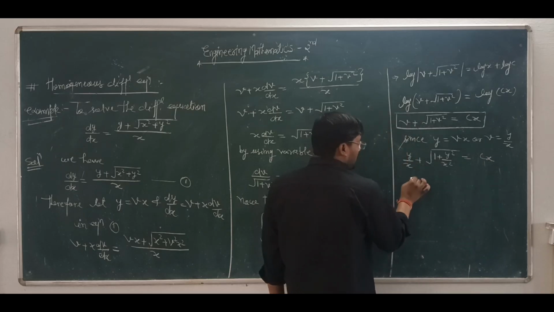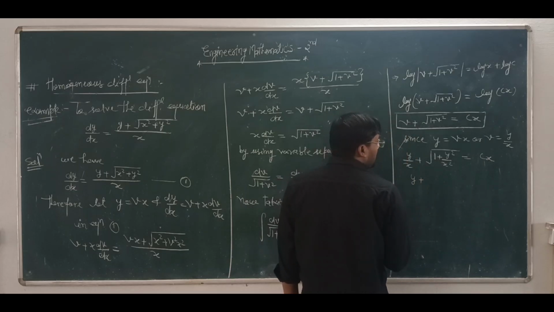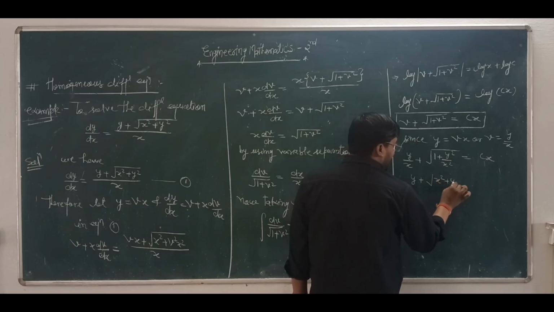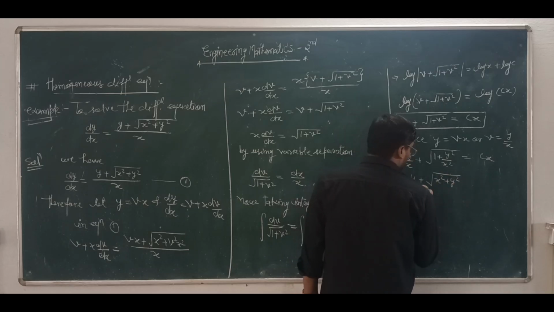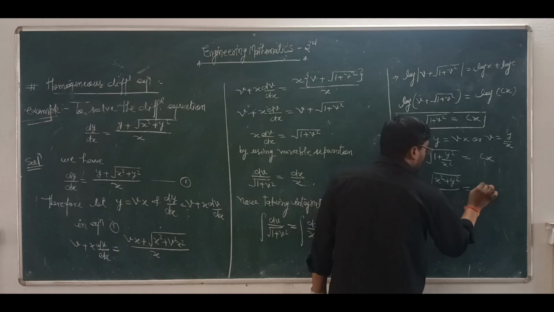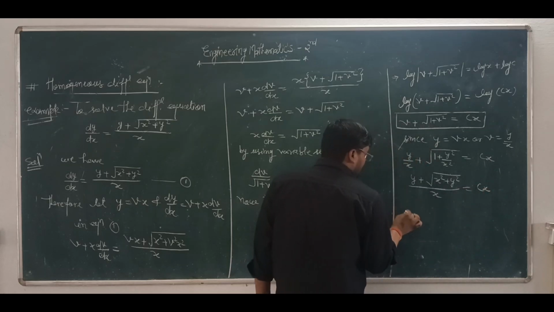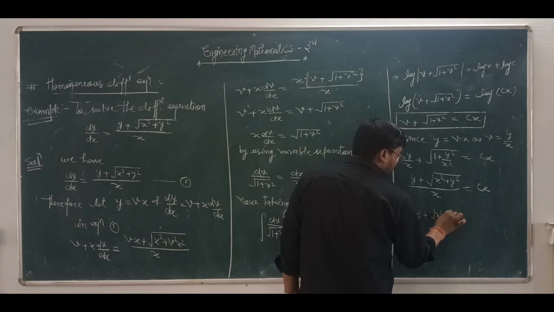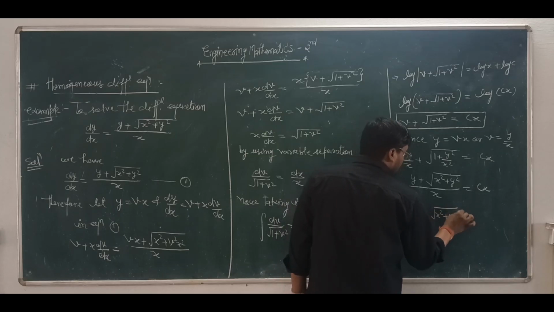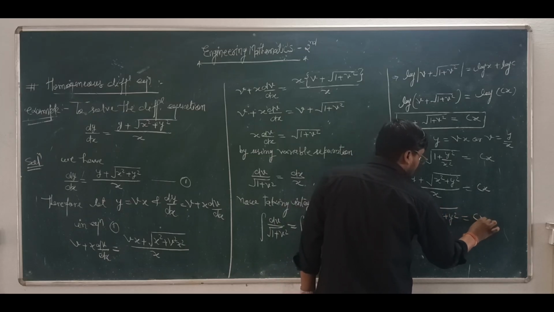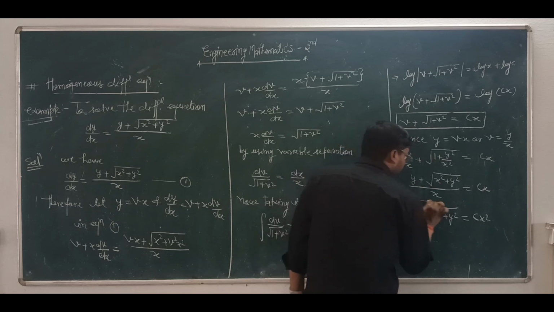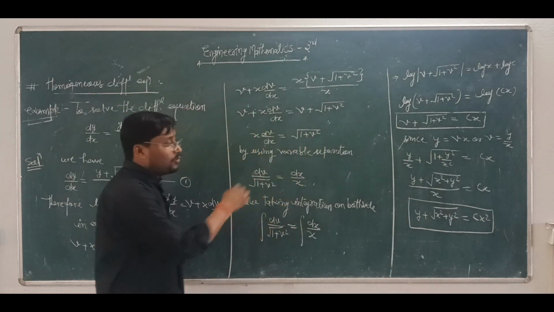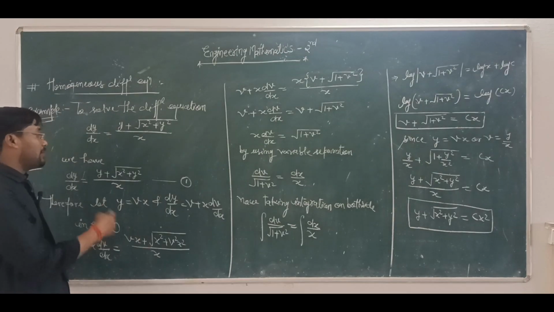Now you can write y plus under root x square plus y square, total upon x, is equal to cx. Now you can write y plus root x square plus y square is equal to cx square. This is a solution of the homogeneous differential equation.